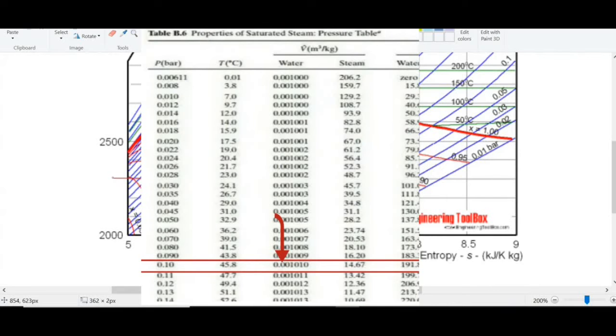And at this point, by using steam table, we will find out the specific volume. So specific volume for the saturated water or saturated liquid, Vf is equal to 0.001010 meter cube per kilogram.